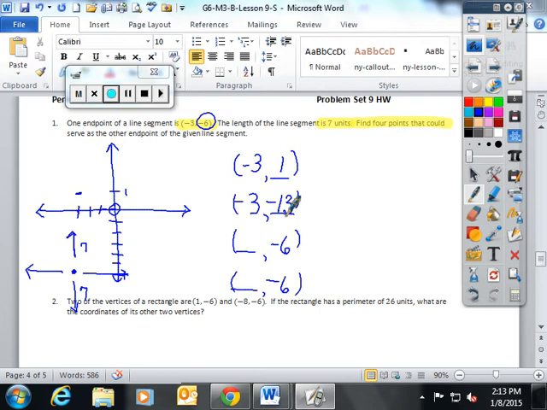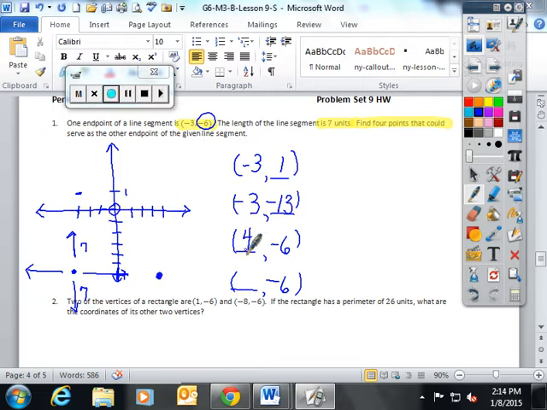Then if we thought about going horizontally, if you were at negative 3, negative 6, and you went 7 in the positive direction, this is negative 3 right to the y-axis. So I would need to go another 4 over for a total of 7. So the new coordinate would be 4, negative 6.